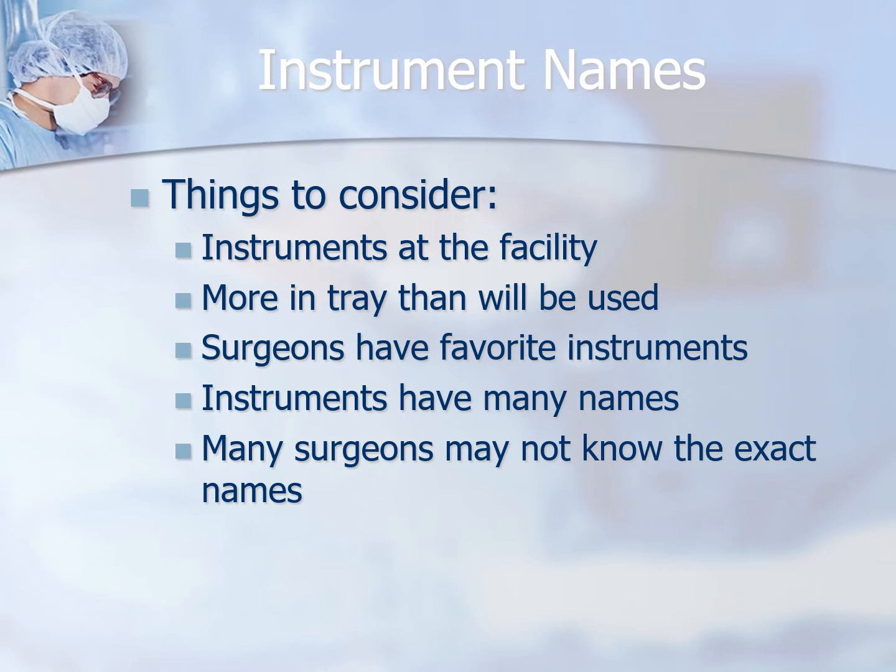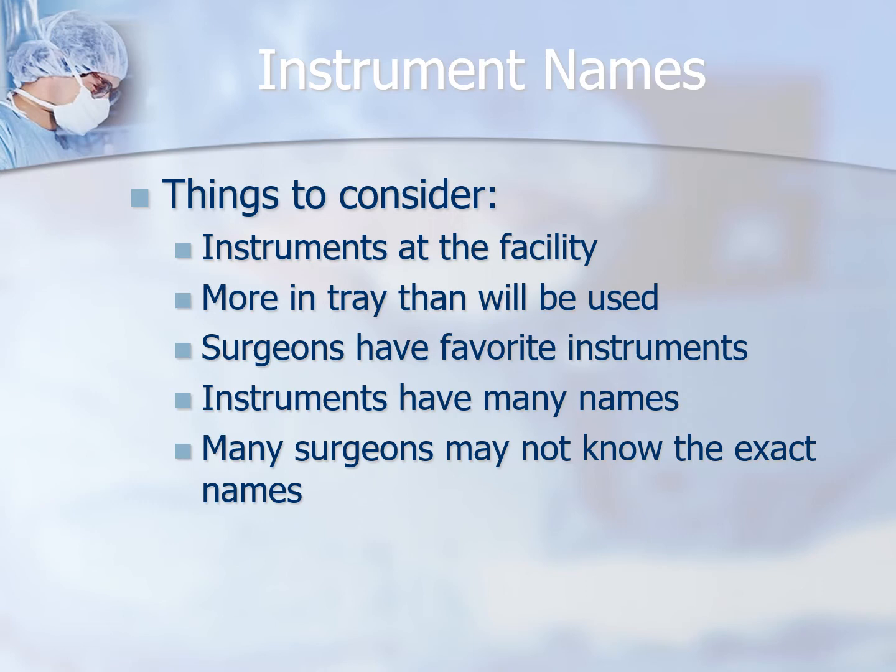And then surgeons may not know the exact names, so they may make up their own name. One example I can think of is an upper extremity surgeon that I used to work with, and sometimes even though we were doing an upper extremity case like a hand, he would have us pull a foot tray for his case because it had more instruments than the hand tray did.